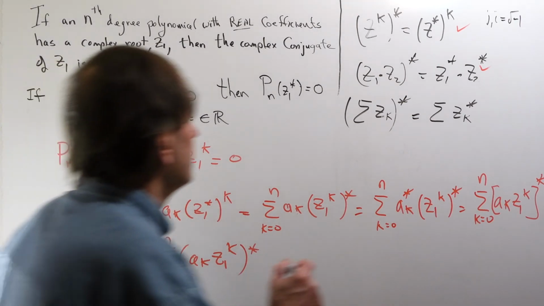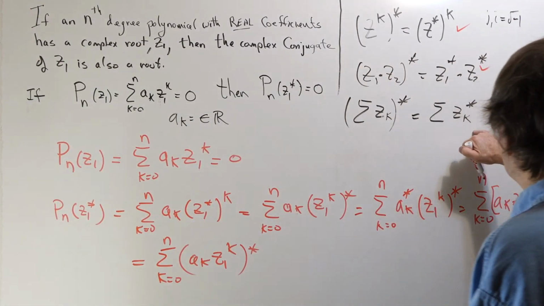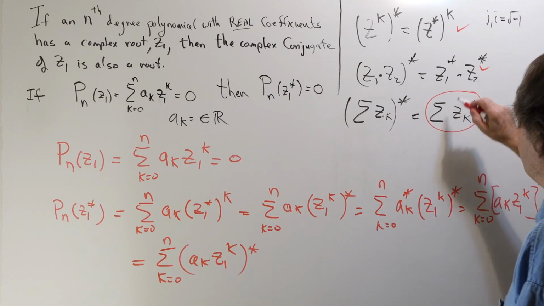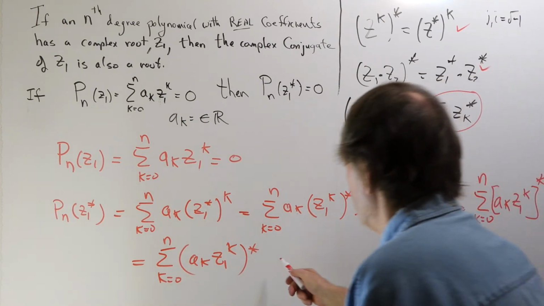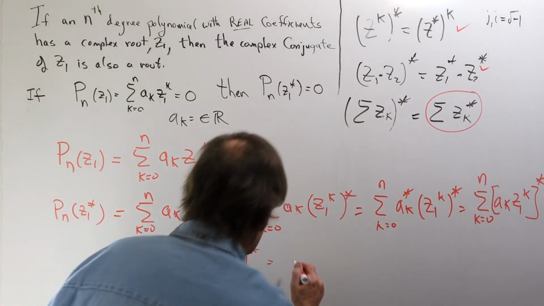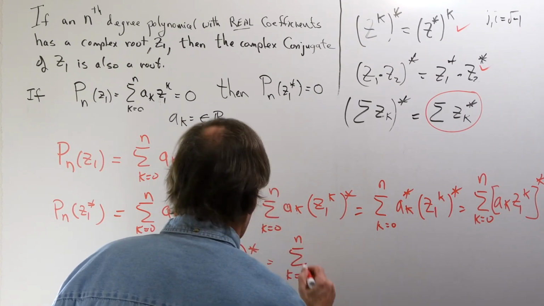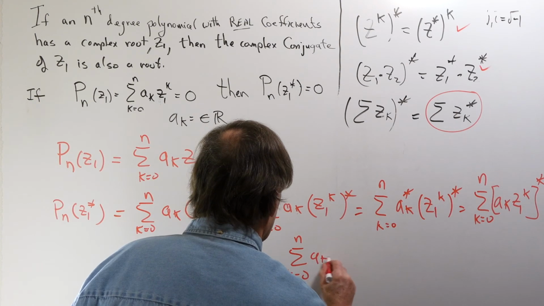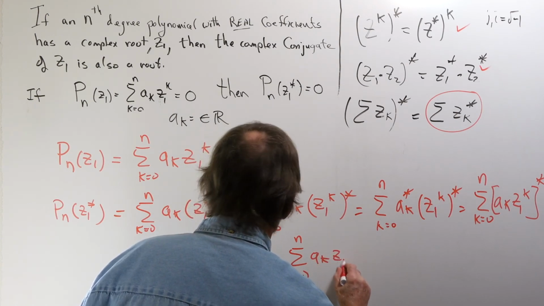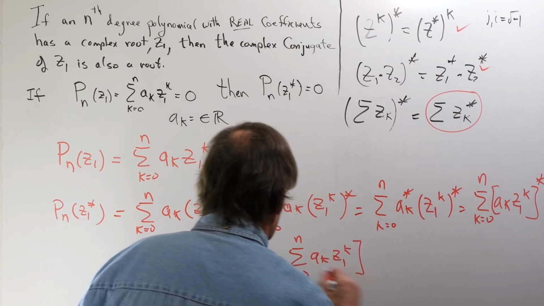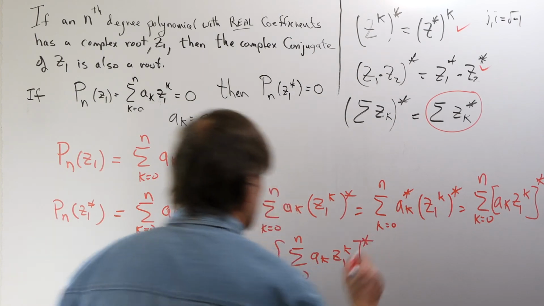But now using this property, I can bring the conjugation outside the sum. So this is the sum of k equals 0 to n of ak z1 to the k, and that whole sum is conjugated.